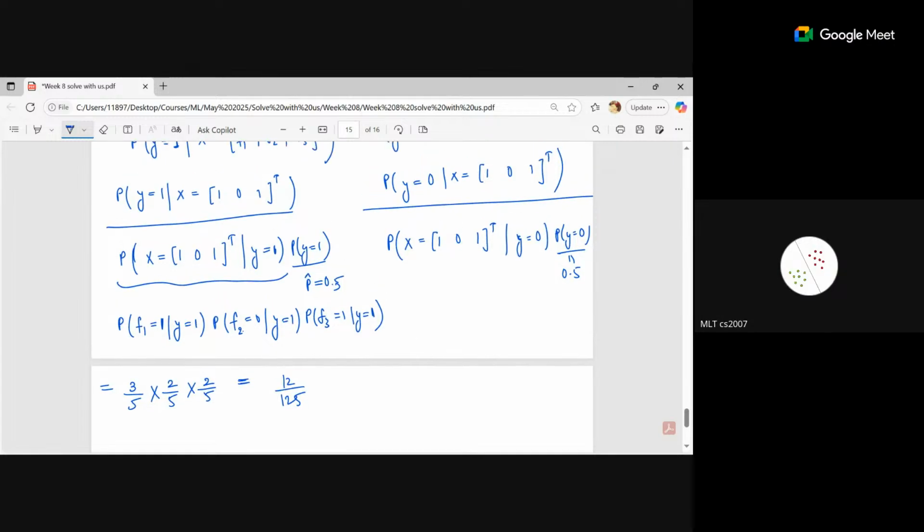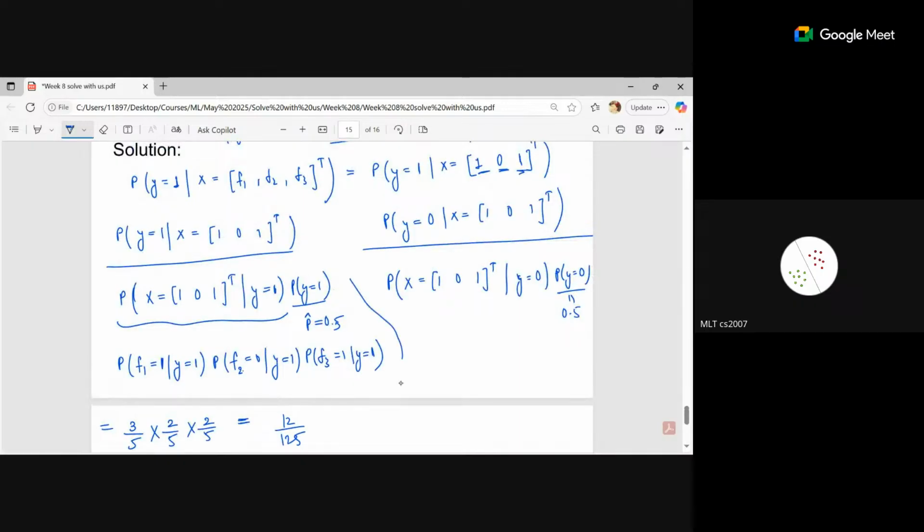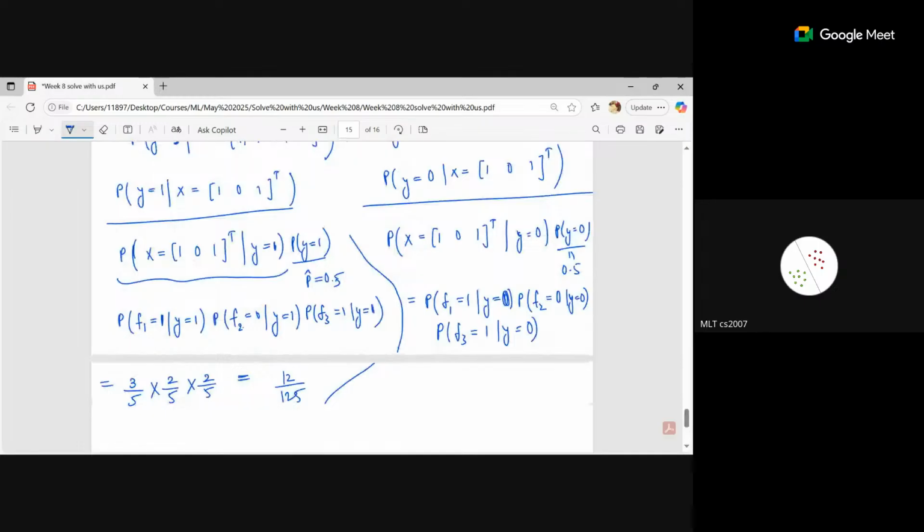Now look at the other side. If I look for Y is equal to 0, this is going to be what? This is probability F1 is equal to 1 given Y is equal to 0 times probability that F2 is equal to 0 given Y is equal to 0 times probability that F3 is equal to 1 given Y is equal to 0. Right? So now you have to look for the no case.